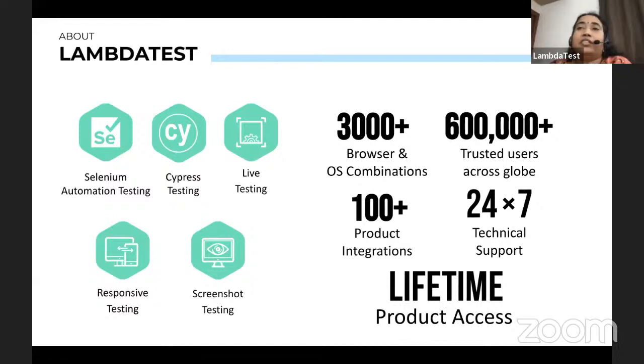We have almost 6 lakh plus happy customers across the globe. And when I come to product integrations, from bug tracking tools, project management, test case management, to notification channels, we have almost 100 plus integrations.